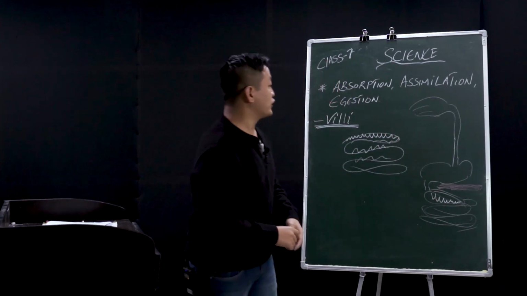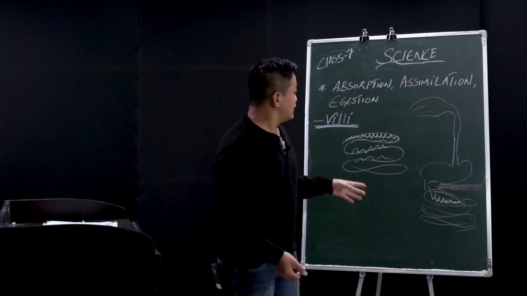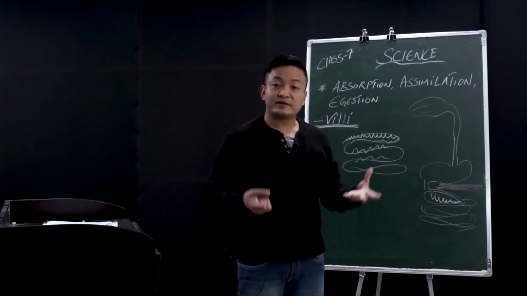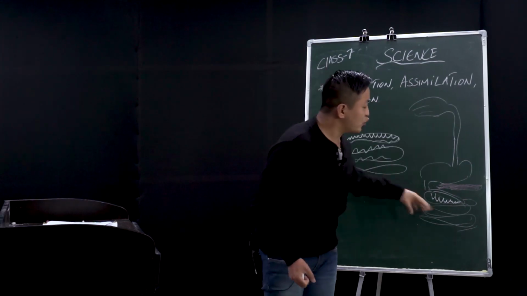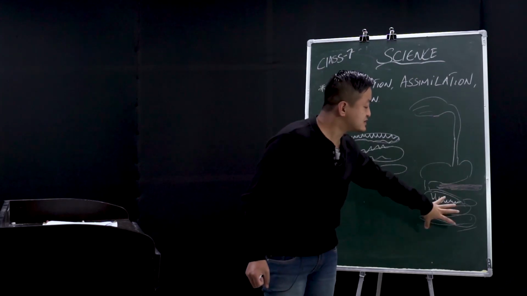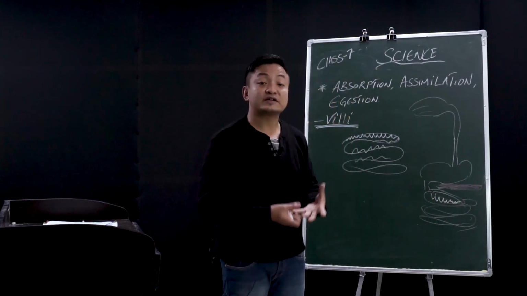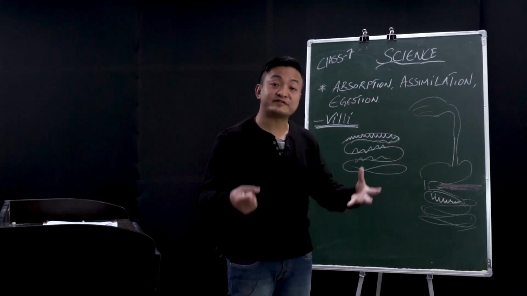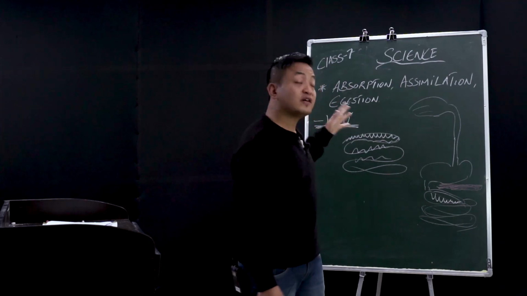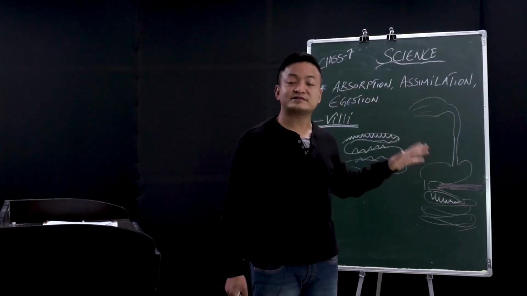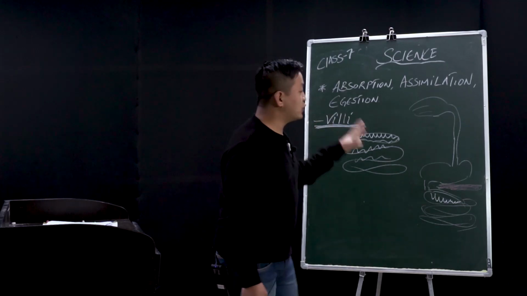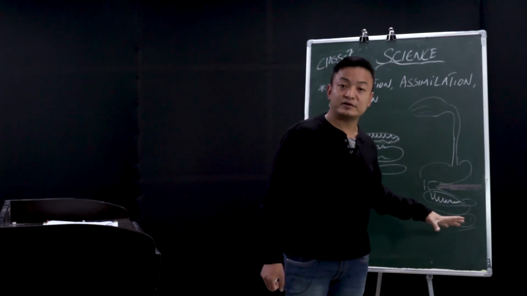Now this villi can be expanded, because the more digested food is present in the small intestine, the more the villi would increase the surface area. And in villi you'll find there is enough blood supply. So absorption of food takes place from here.